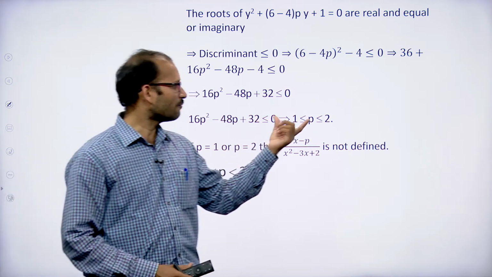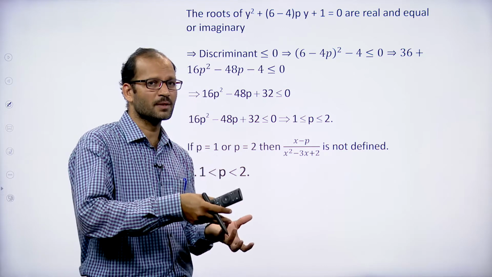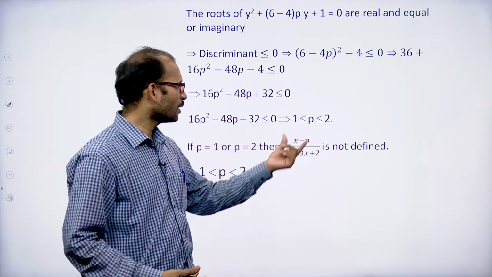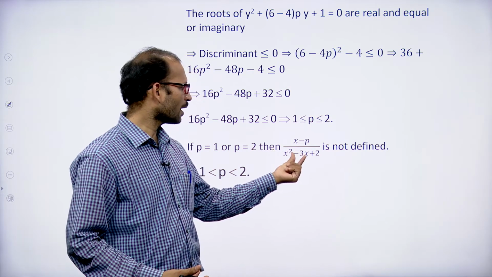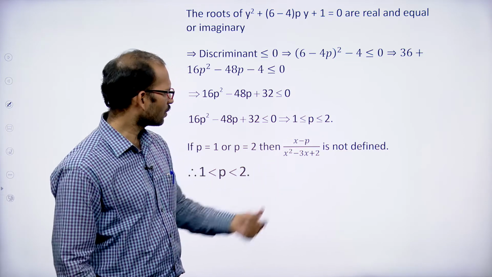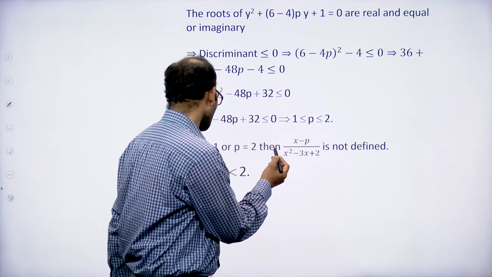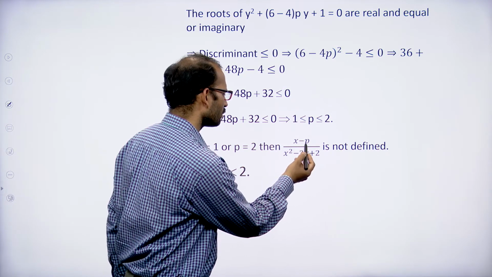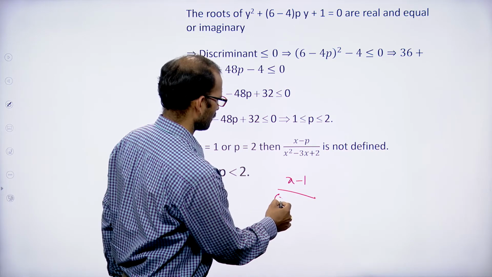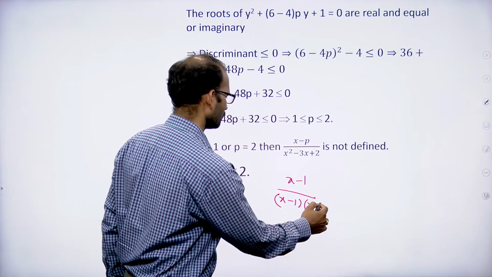Second thing is, after getting the p values we should substitute the values of p in the expression and make sure that the expression is defined, the rational function must be defined. When you write p equal to 1 here, what will happen? The denominator becomes 0. When you write p equal to 1, x minus 1 will come here, x minus 1 into x minus 2 will come.